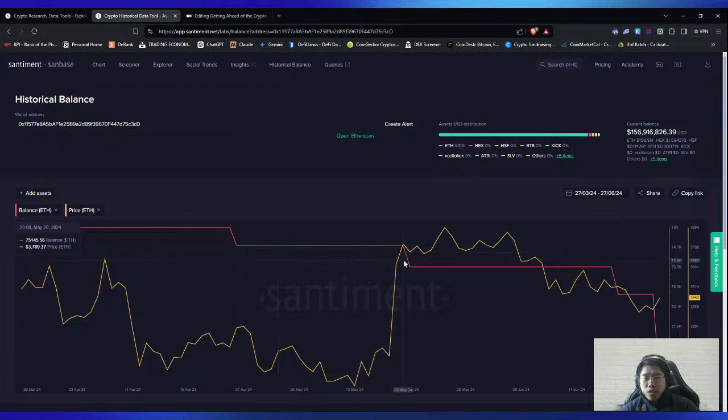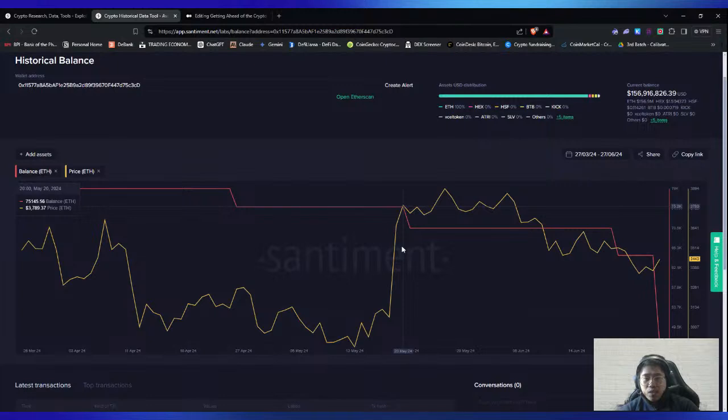And then one interesting data point here is that on May 20, they trimmed a significant portion of their ETH balance, from 75,000 down to 70,000. So they sold 5,000 of their ETH when the price of ETH was at 3.7.